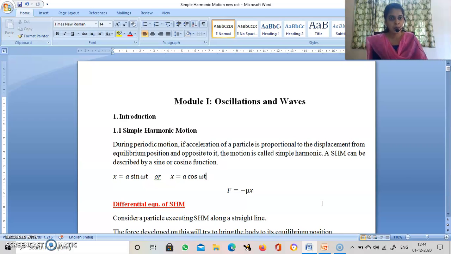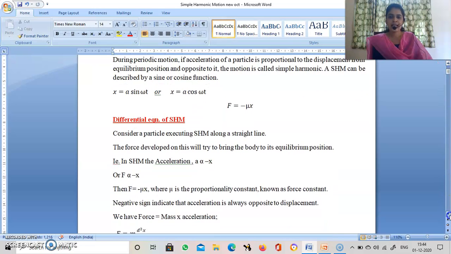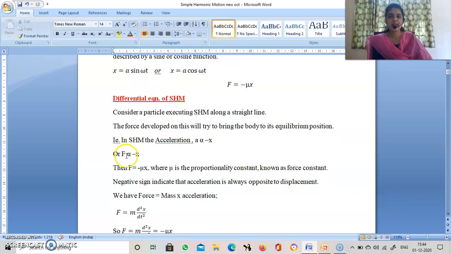Simple harmonic oscillator is an example of a harmonic oscillator. In a simple harmonic oscillator, only one force acts on the system, and that is the restoring force. As I said earlier, the restoring force F is directly proportional to the displacement of the particle from its mean position, but opposite in direction.